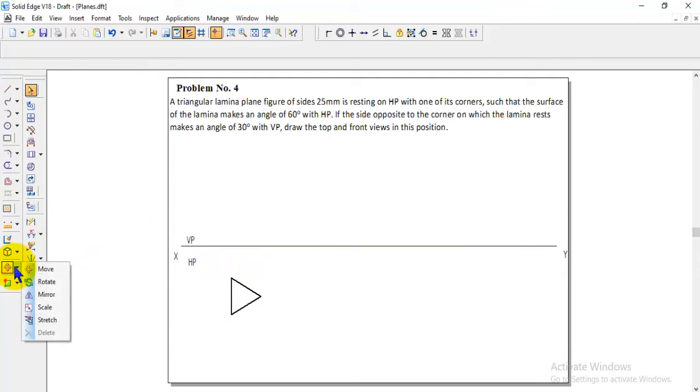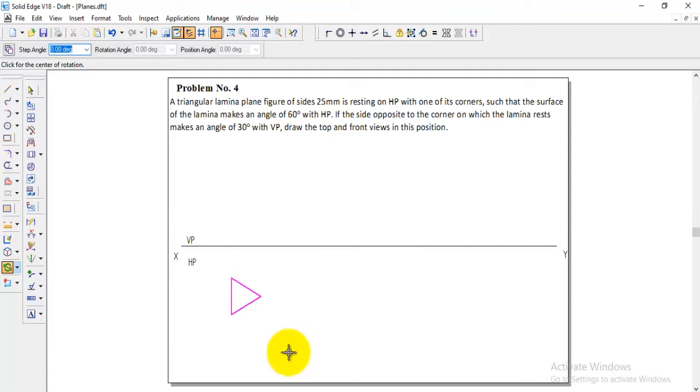By default it comes in the edge condition, so we can select it and rotate it to make it corner condition, and keep it in an appropriate position.